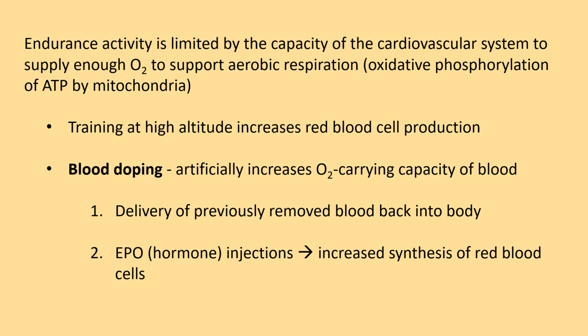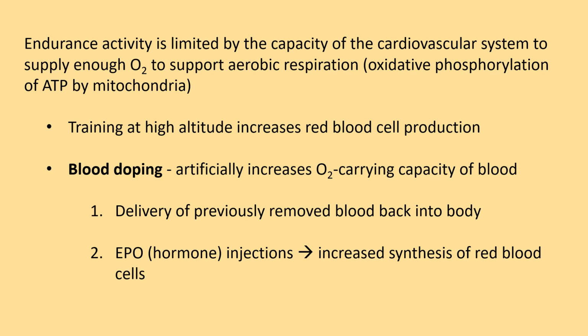And then another strategy for augmenting or enhancing the capacity of your cardiovascular system to deliver oxygen is called blood doping. And if you pay attention to any type of endurance professional sport, you're familiar with the term blood doping.